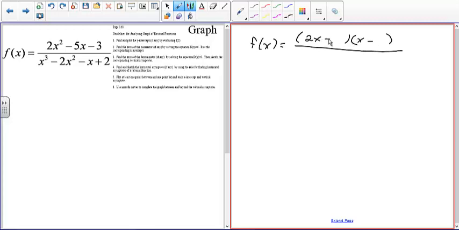That's not true. So this will be plus, and this will be minus. Okay, so you see that works out. 2x times x is 2x squared. Then you have negative 6x plus 1, which is negative 5x, and positive 1 times negative 3 gives you negative 3. So we couldn't have both negative.